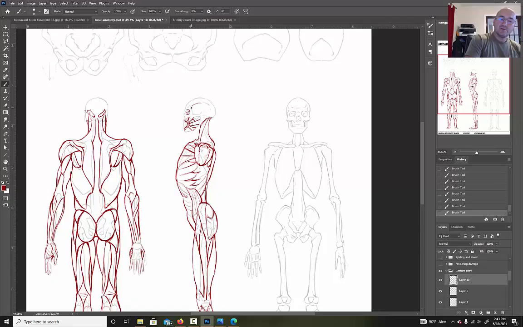This is all a large muscle group, which I'm not really going into a lot of what these smaller ones are called, because they really don't matter for what we're doing today. I don't want to make this video too long, but I'm just giving you an indication of where they are.